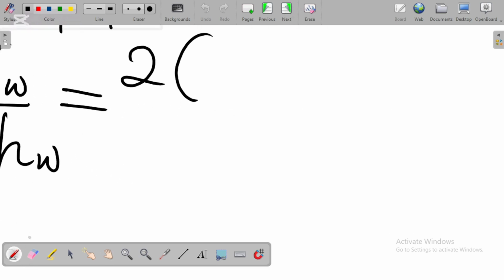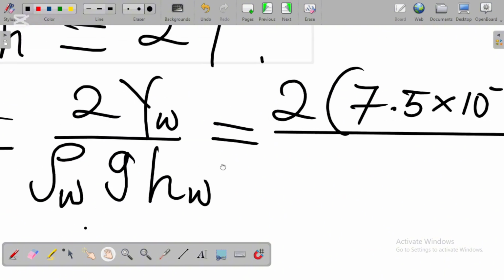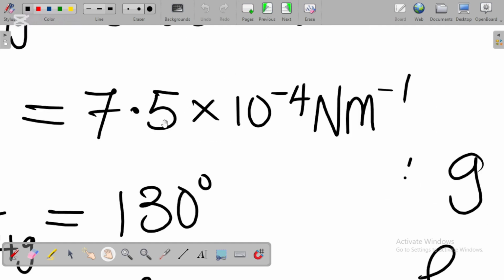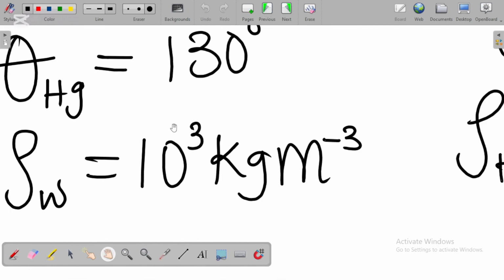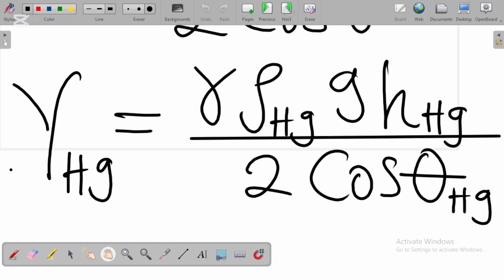So now let's substitute into this equation. We have 7.5 times 10 raised to the power negative 4 all over what is the density of water given? The density of water given is 10 raised to the power 3 kg per meter cubed.